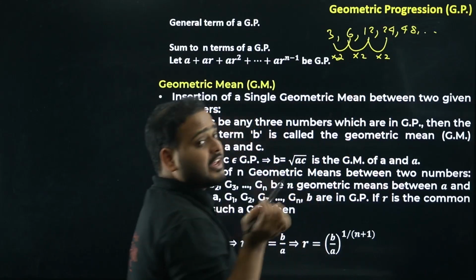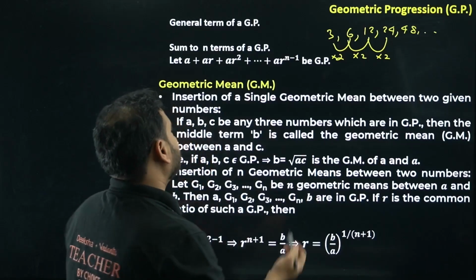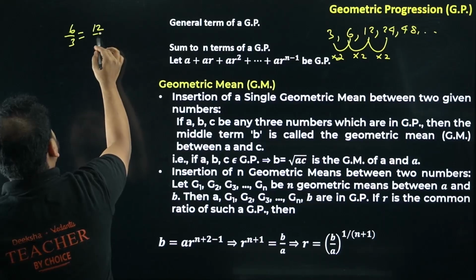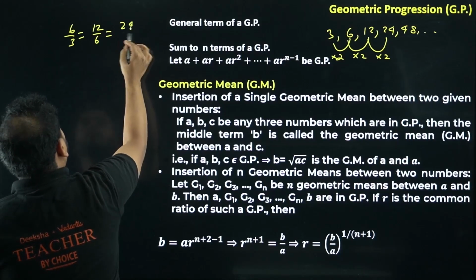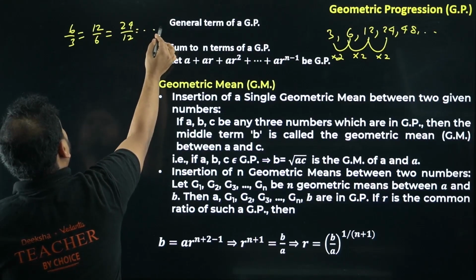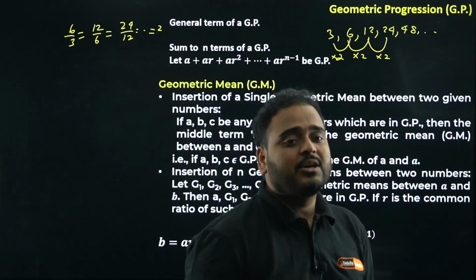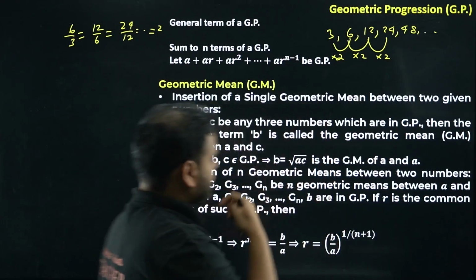If the ratio of successive terms remains constant, 6 by 3, 12 by 6, 24 by 12, and so on, always equal to 2, that type of sequence is called a geometric sequence.